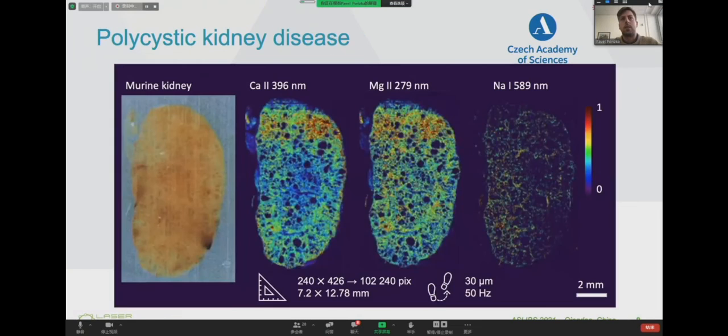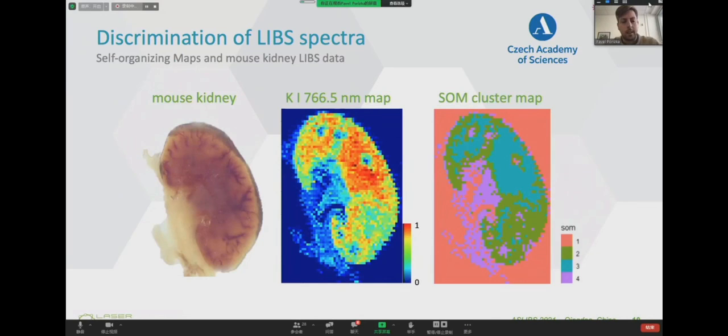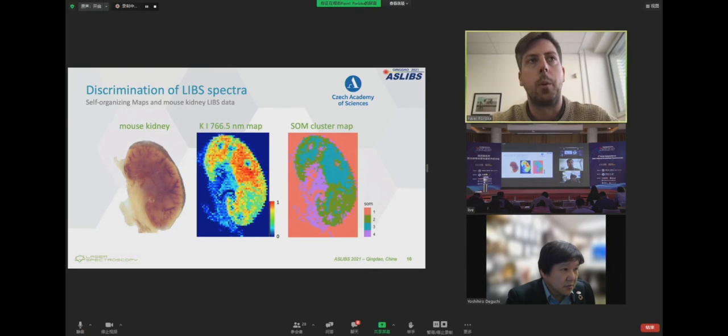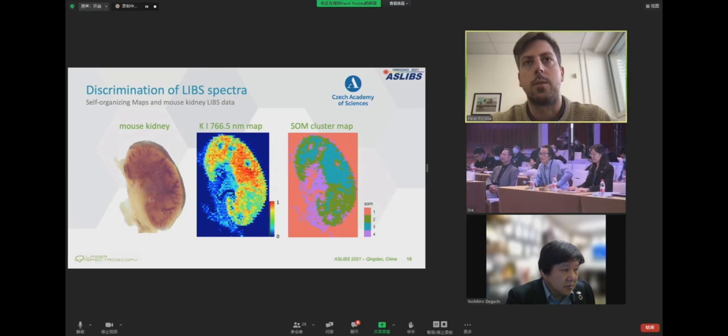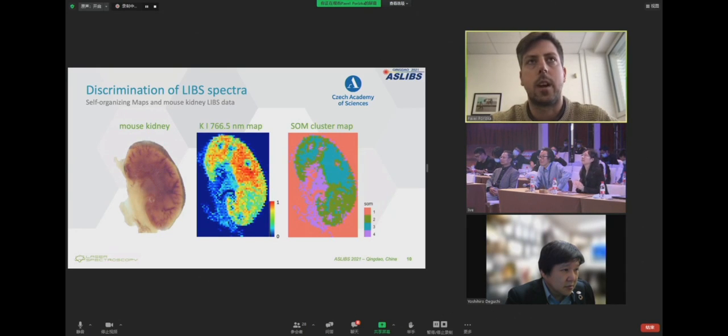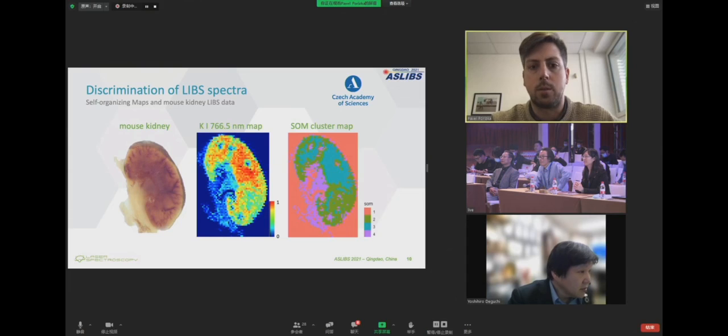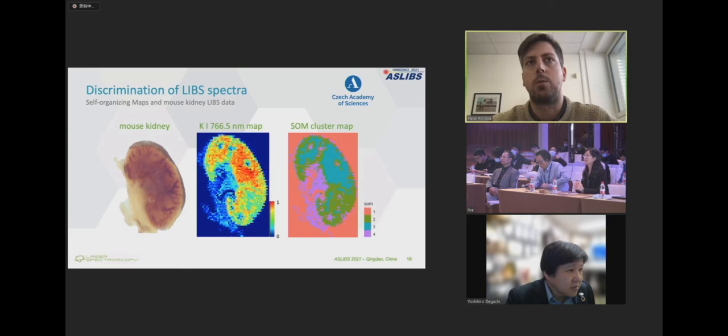Yeah, this is a really good question, and surely there are other techniques that might be used directly in vivo during operation. I think in the United States they are using Raman spectroscopy directly for this kind of analysis. What we are trying to do is this: when the biopsy is being done by the surgeon during the operation, they always need to do some histology analysis, and we are now trying to complement the histology analysis with elemental imaging.